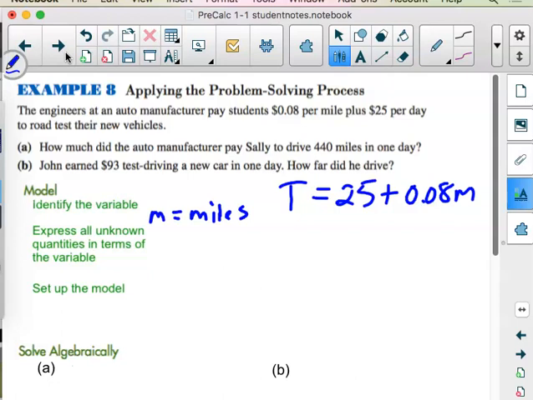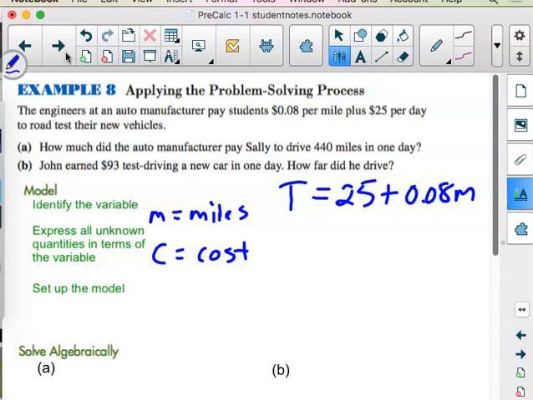for the miles. Now, if I want this as a function, I could certainly change this up a little bit and say C stands for the cost to the company, and that would give me another variable to work with instead of the T for total all the time, because again, you kind of want your variables in word problems to stand for something that matches what's going on with the problem.